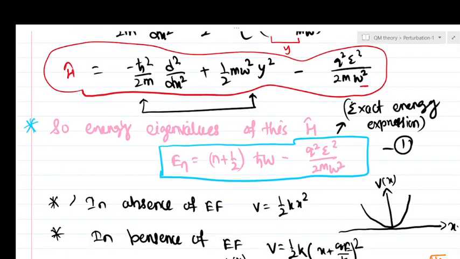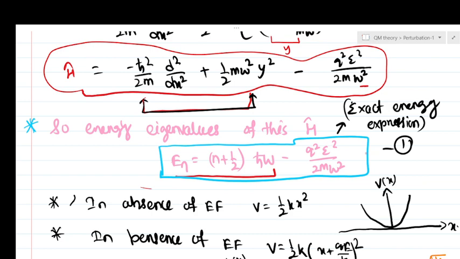So our Hamiltonian is this much, and this term will give the energy n plus half h bar omega, but the other term is minus q square E square by 2m omega square. So this is the total energy eigenvalue of this Hamiltonian, and this is the exact energy expression.